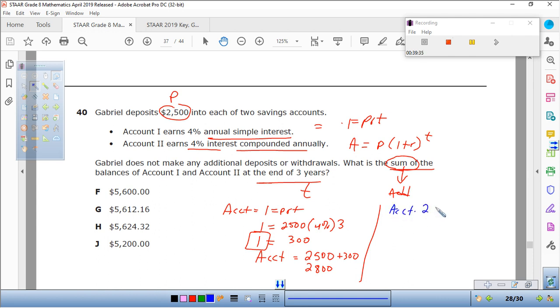Account 2 now. They're going to have A equals P(1 plus R) to the term. A equals 2,500 times 1 plus R, which is at 4%, to the term of 3. So A equals, great.